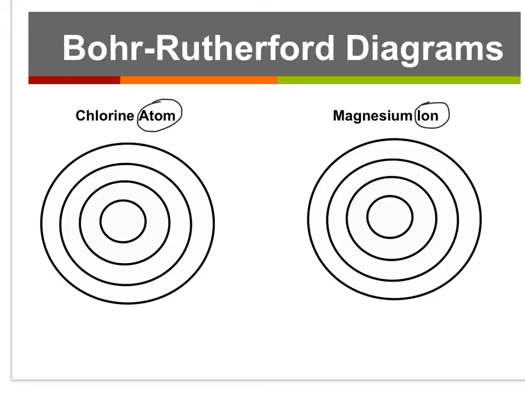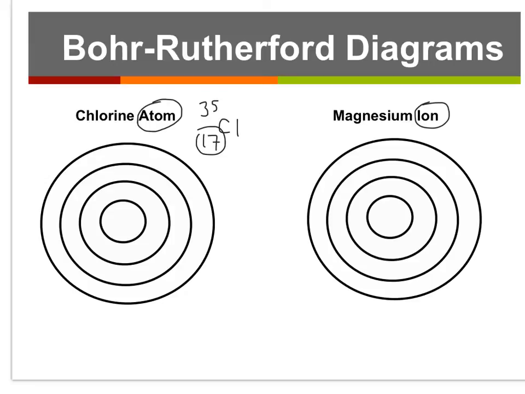Starting with a chlorine atom then, if we look on our periodic table, our chlorine atom has an atomic number of 17 and a mass number of 35. So before we can do our Bohr-Rutherford diagram, we need to figure out the number of protons, neutrons, and electrons that this atom has.